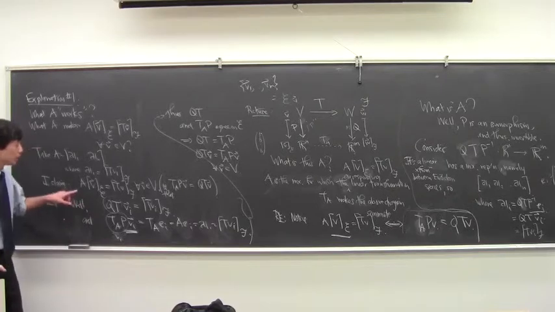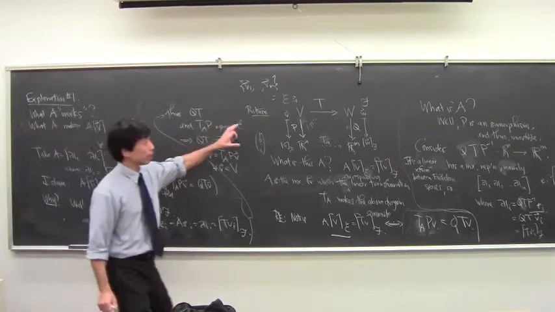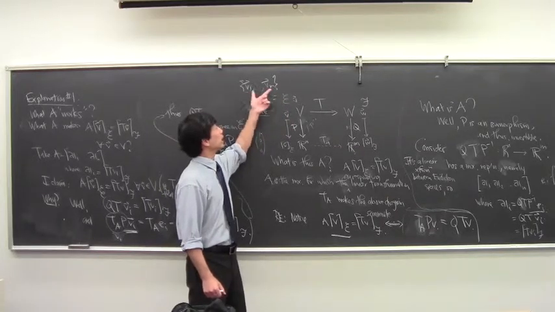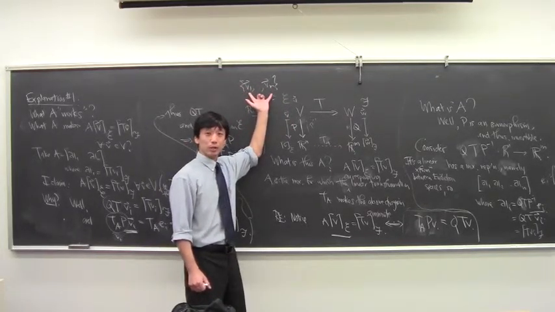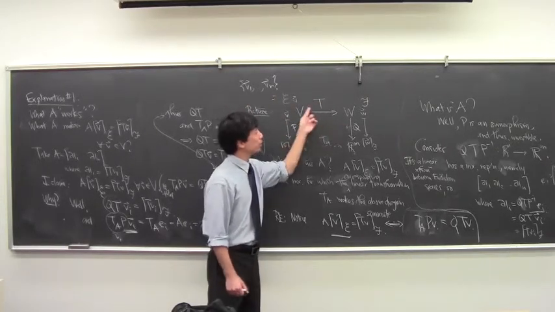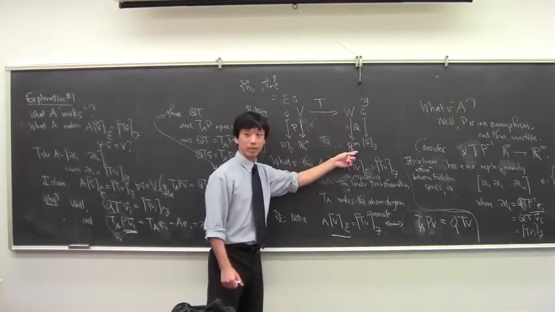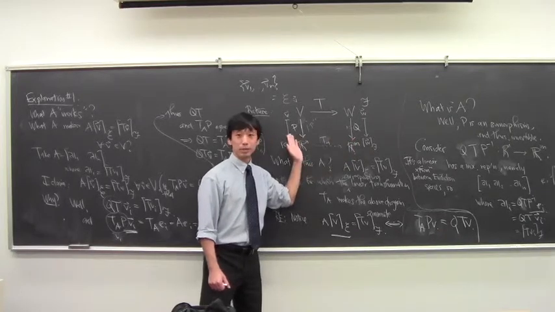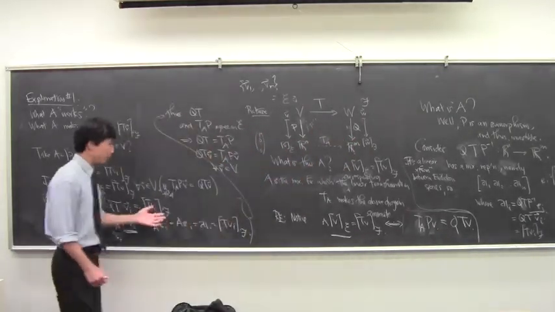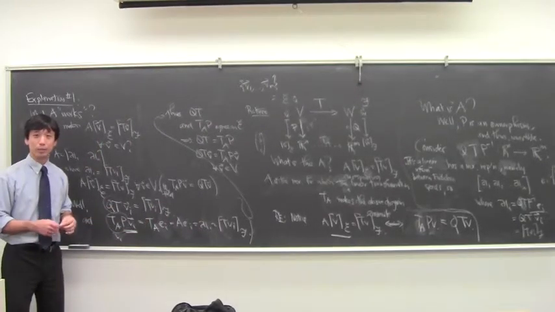So the matrix you need to make the diagram commute is exactly the one you get if you take the basis that you're given here, map each one through T, take the coordinate vector, and put all those guys as the columns of a new matrix. Okay, and that will be the matrix that represents your linear transformation.